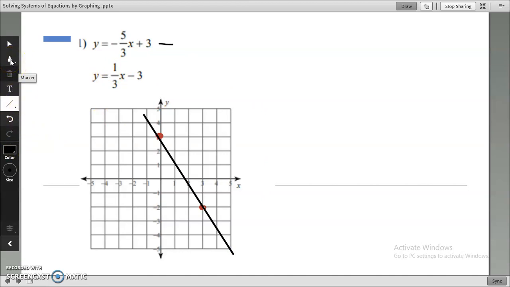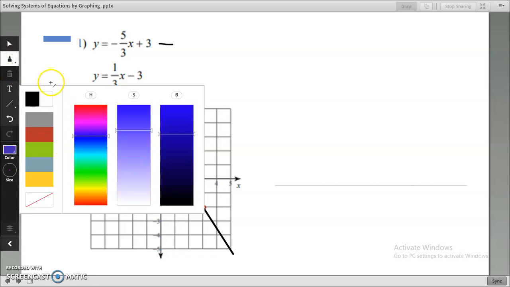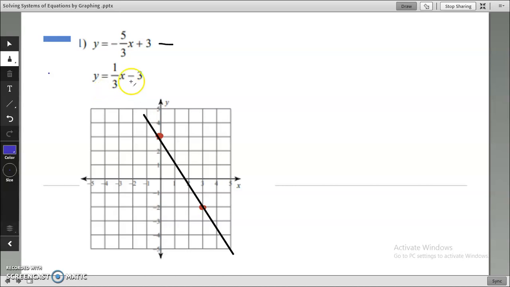The next one we'll do, change the color to blue. And my y-intercept is -3. My slope is 1/3, so I'm going to go up 1 and over 3: 1, 2, 3, up there. There's my point there. Let's see. I'm going to do my line.